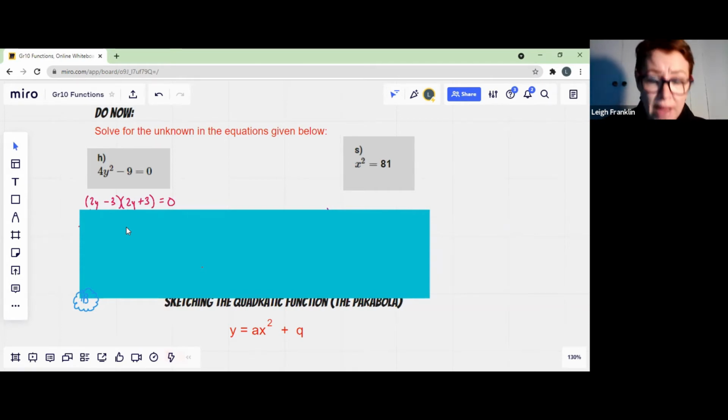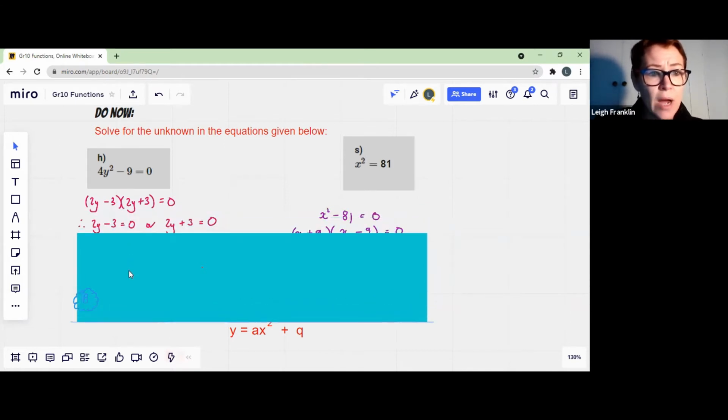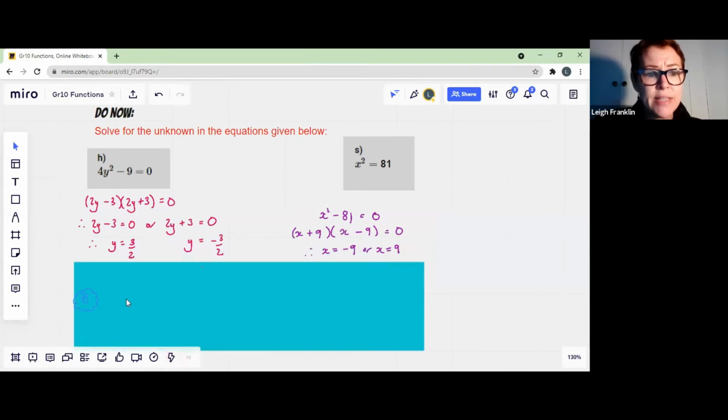Once we've factorized, we would say either 2y minus 3 equals 0 or 2y plus 3 equals 0. So it means that either y is equal to positive 3 over 2 or y is equal to negative 3 over 2.